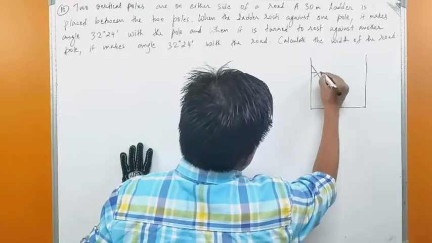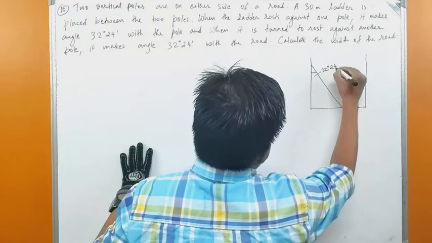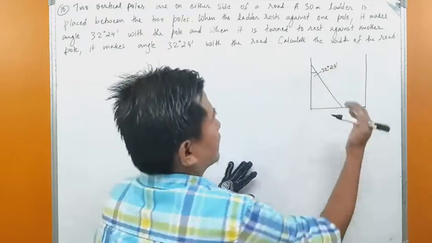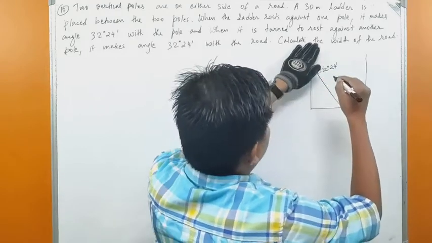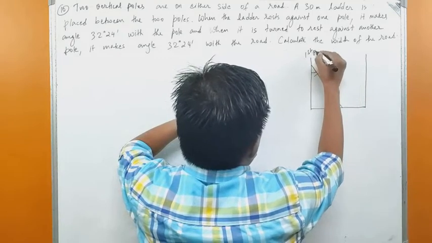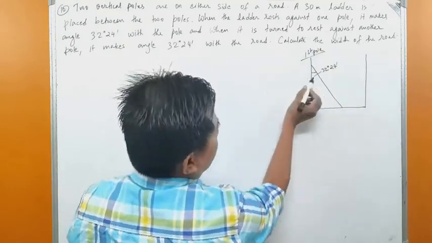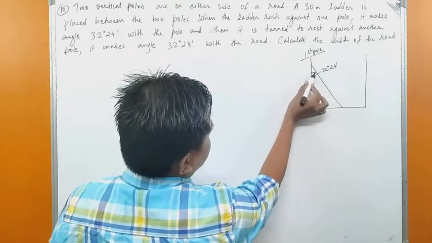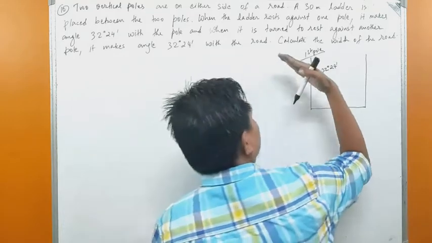This is the first pole. When the ladder rests with the first pole, the angle it makes with the first pole is 32 degree 24 minute.